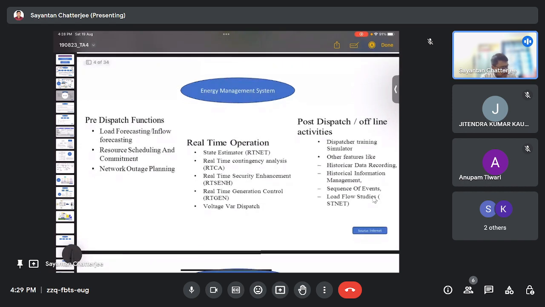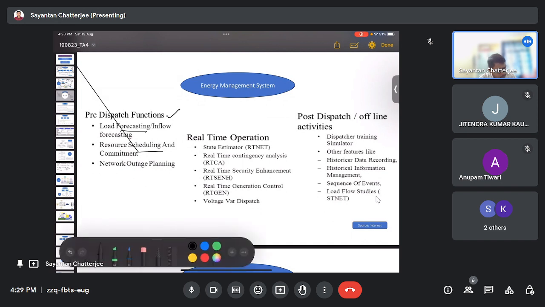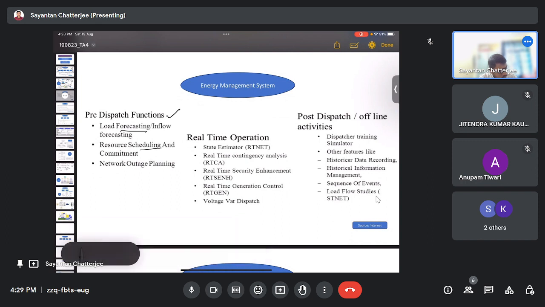So this is the energy management system part, where we have the pre-dispatch function, where load forecasting needs to be done, scheduling needs to be done, unit commitment needs to be done, and outage planning. So the main aim of the load forecasting: when we perform the load flow analysis in our system, we have three kinds of buses, right?